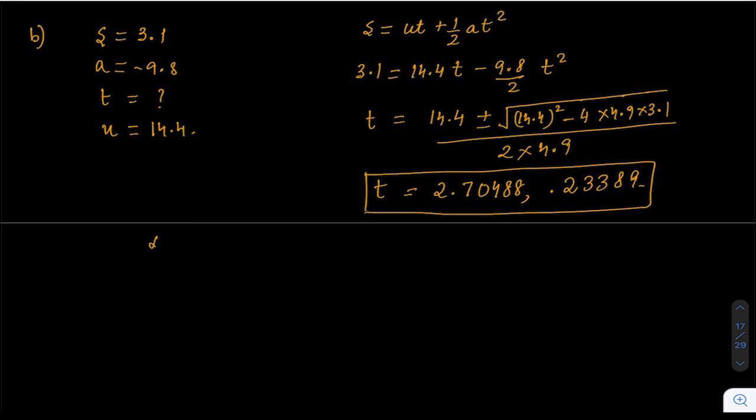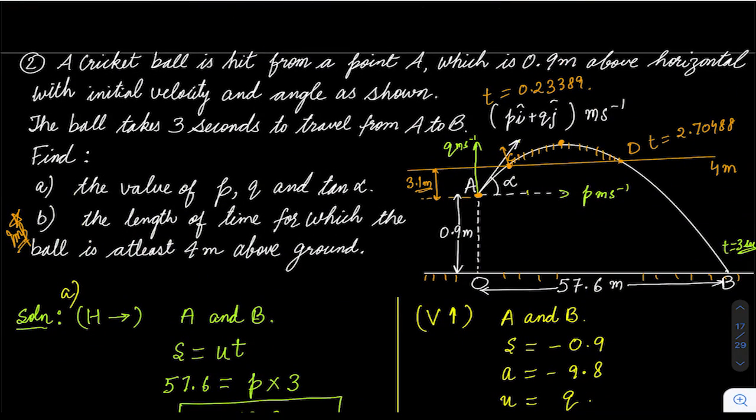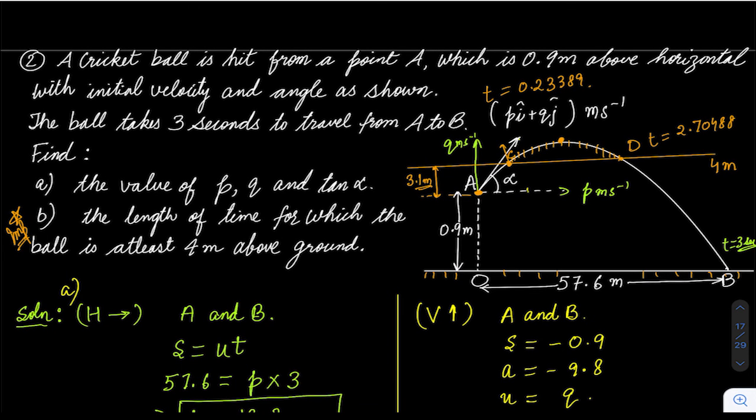Duration will be equal to 2.70488 minus 0.23, so approximately I am getting 2.47 seconds. So that is my answer. This is the time for which the particle remains at least 4 meters above the ground.